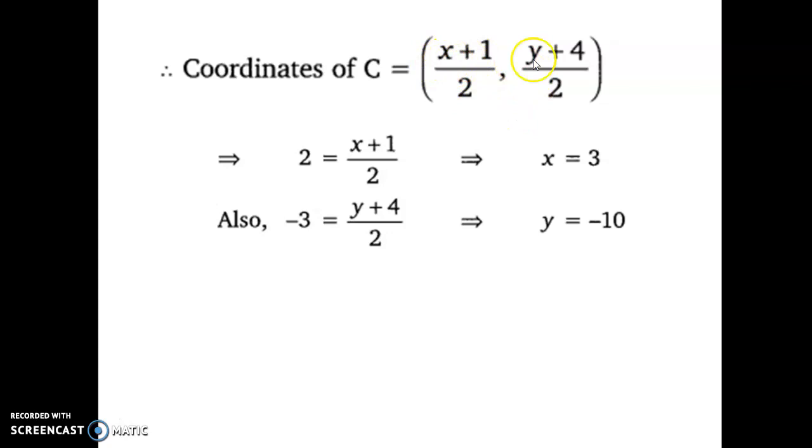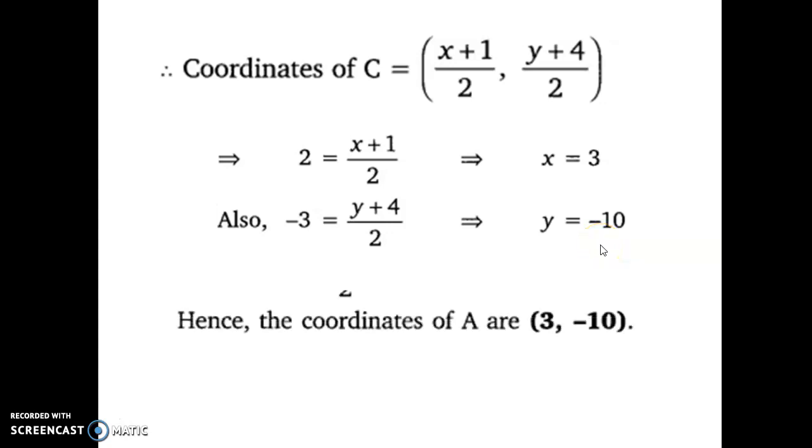Write it as x and y, and this is the coordinates of B. And (2, -3) is the coordinates of C. With that we are equating. By that, if you simplify, you will get x is equal to 3 and y is equal to -10. So the A coordinate is (3, -10).